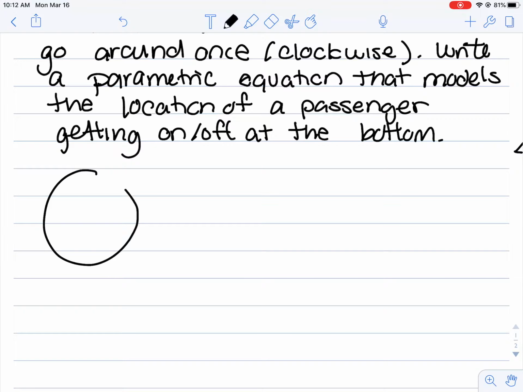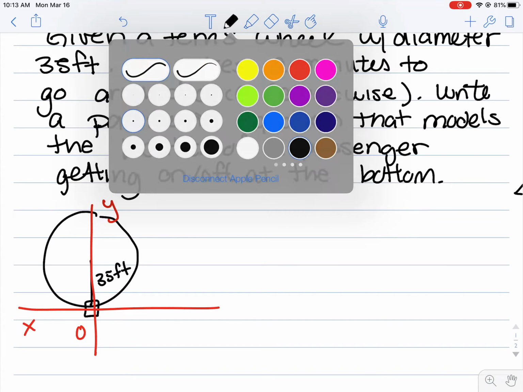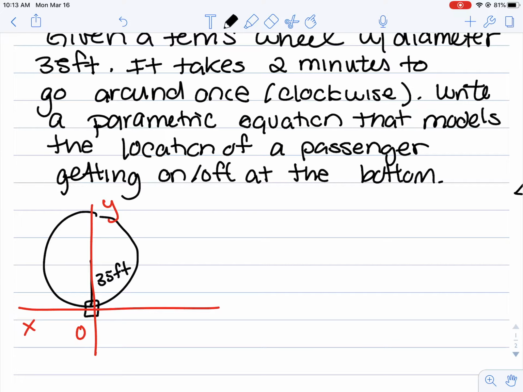So you're given a Ferris wheel, a radius 35 feet. The passenger gets on at the bottom. So we're going to make that 0, 0 on the XY axis. All right, so if you're going to write an equation, you want to start with a table.